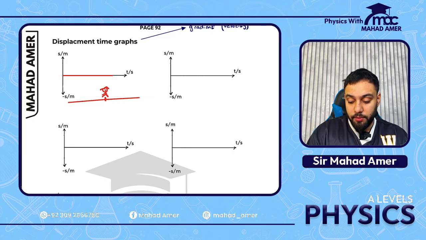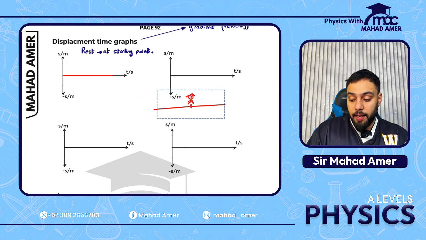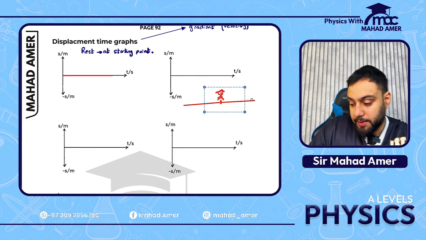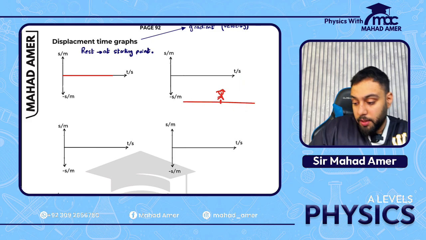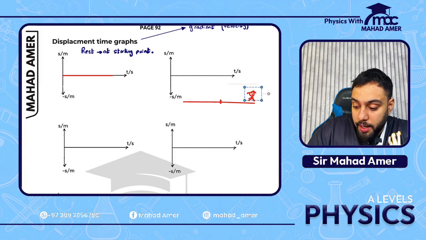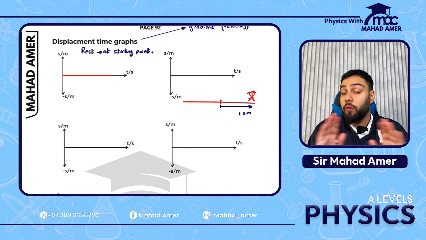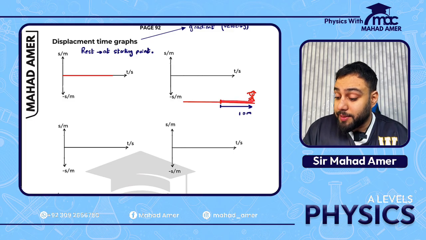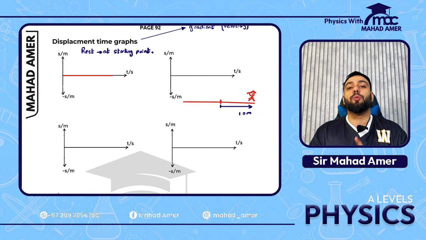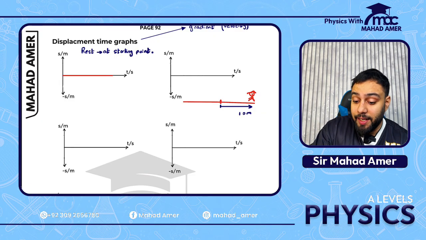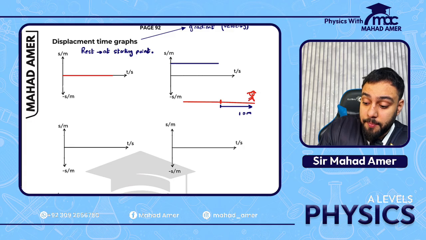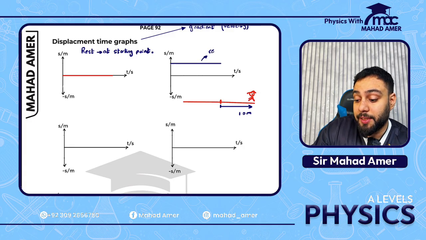Now let's assume that you're standing 10 meters from the starting position, not moving. This is still rest, but this graph represents rest in positive displacement.